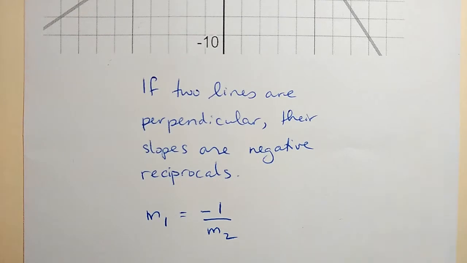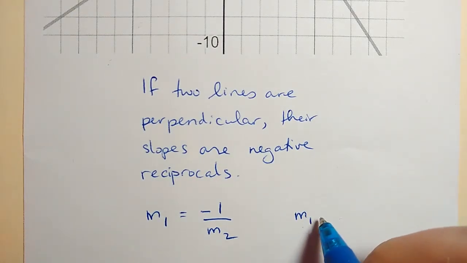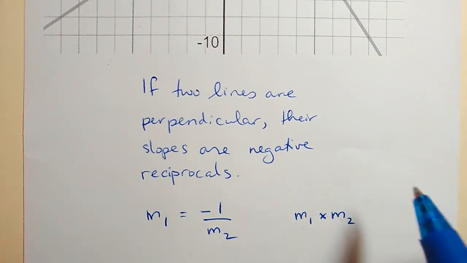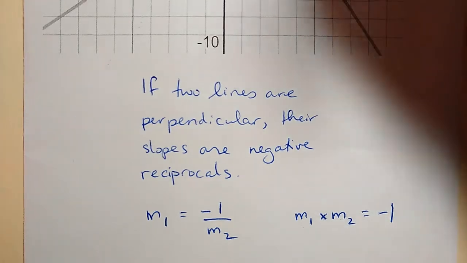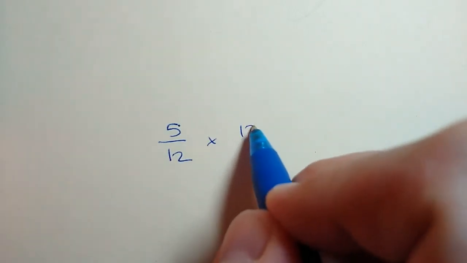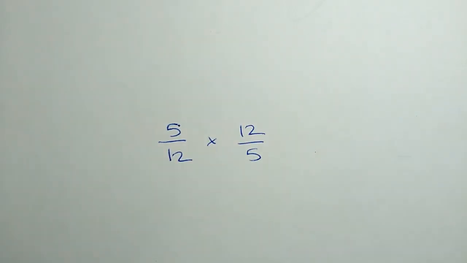The other effect that you might see is that if you were to multiply those two slopes together, you always get negative 1. I'm going to show you that in a little bit more detail just to prove that that's the case here. So let's take two reciprocals, let's say 5/12, and we'll multiply it by 12/5, and let's make one of them negative. I'm going to make the first one negative.